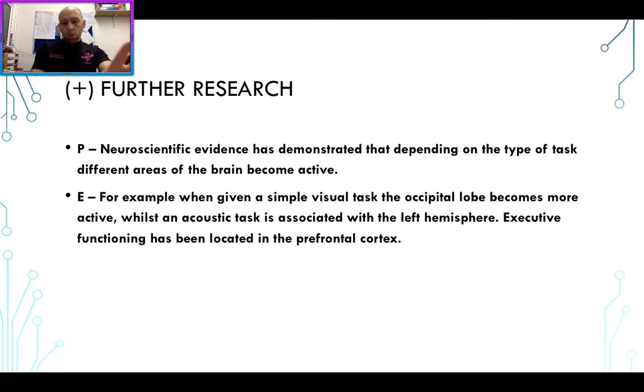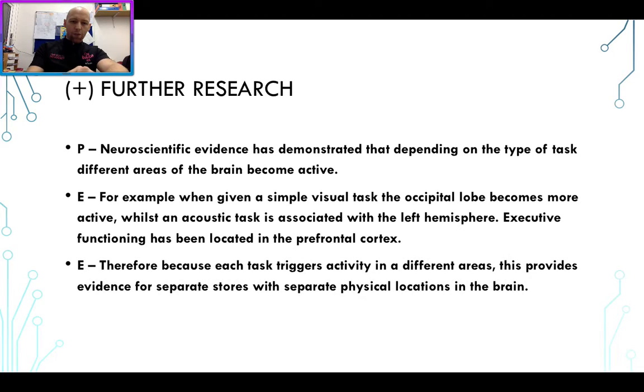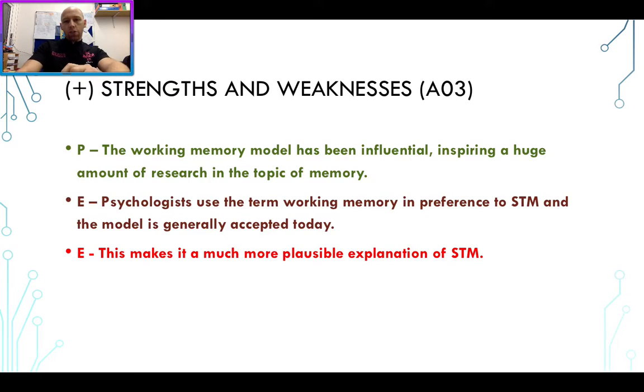The temporal lobe tends to be activated for phonological tasks, and the prefrontal cortex, just at the front, is activated generally for central executive tasks, so mental arithmetic, selective attention, and so forth. Now, because these different tasks activate different areas, we could say physically they are located in different places. Therefore, if there is a store that corresponds to them, there's a physical location to it, i.e. they are separate geographically in the brain.